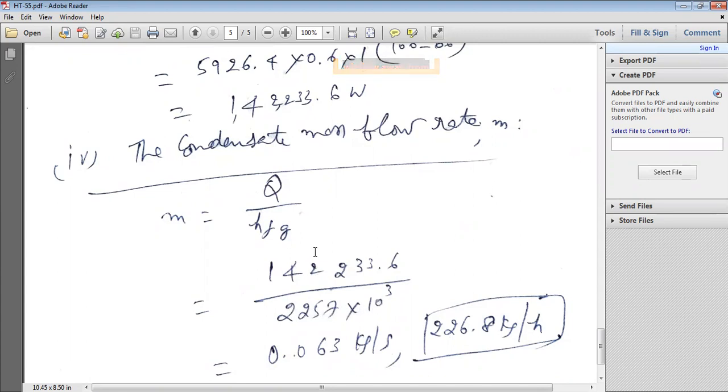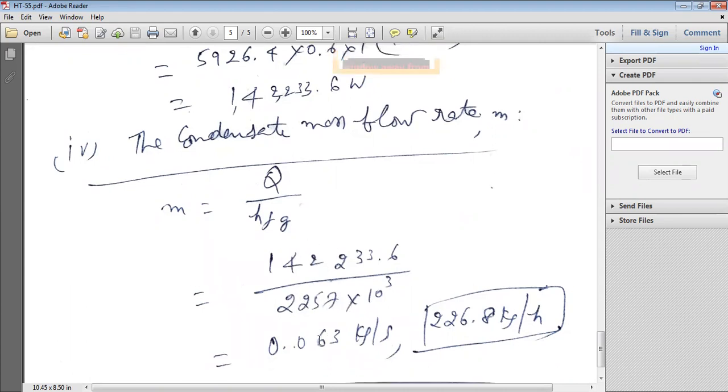If you divide Q with this value, then you get the mass of the liquid condensed, the mass flow rate of the condensate, that is 0.063 kg per second.